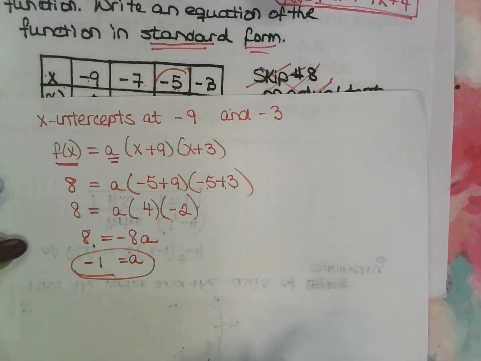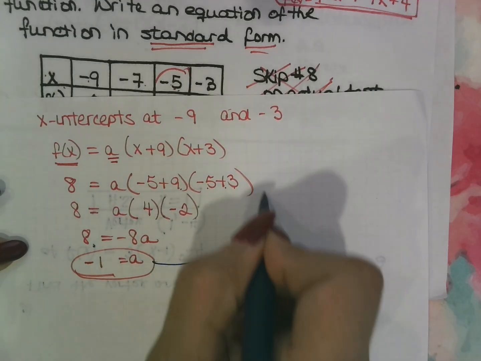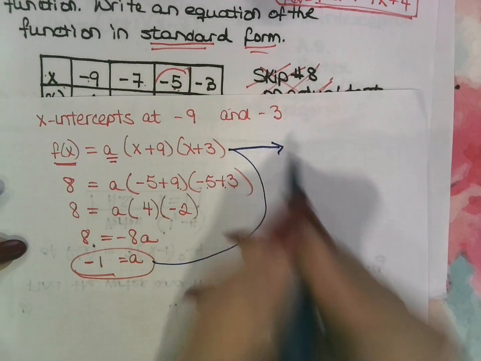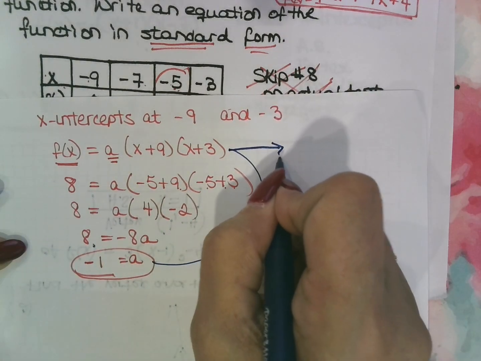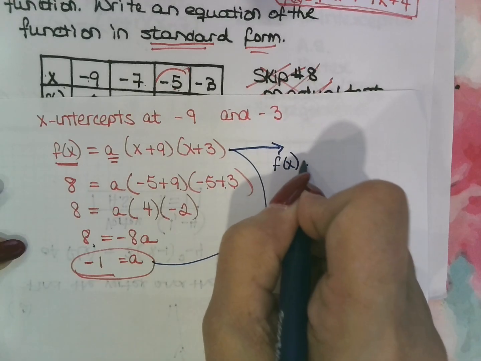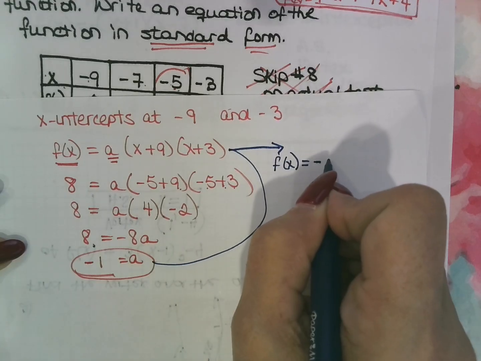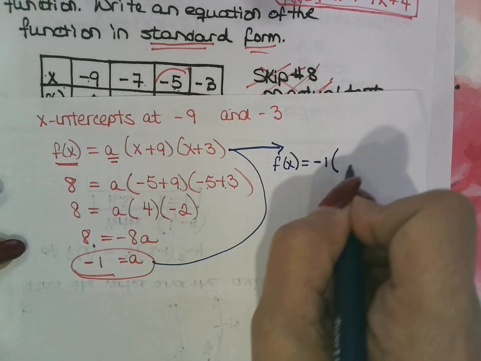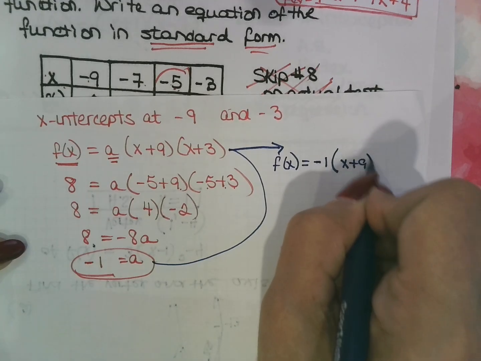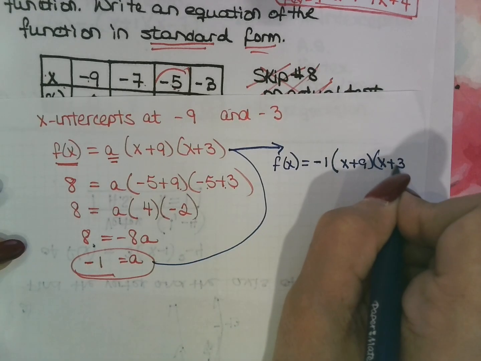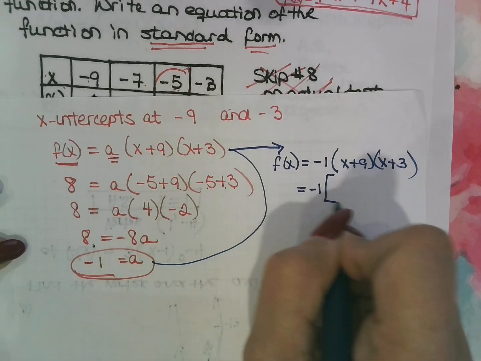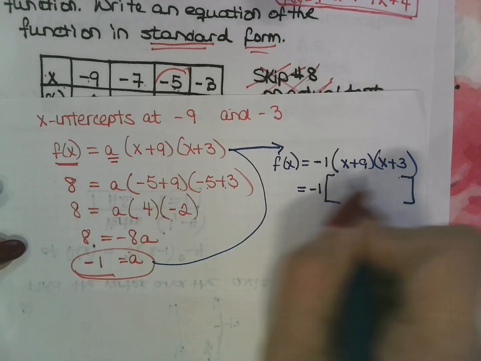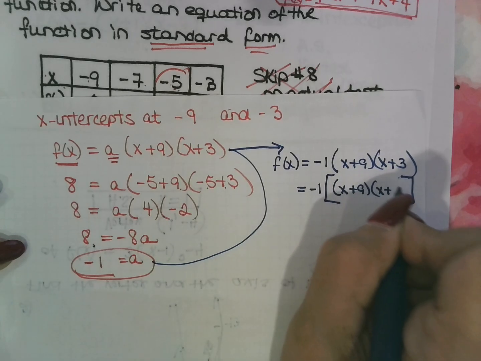So now you take this value back up here, but we're going to move it over to the side, and wherever there's an a, you're going to put a -1. So f of x equals -1 times (x plus 9)(x plus 3). Now this one we do have to multiply out, but please make sure you group these two guys together because we're going to need to distribute that -1 eventually.